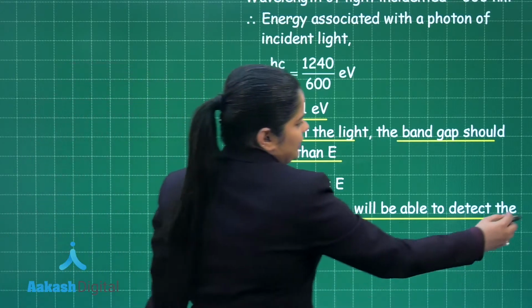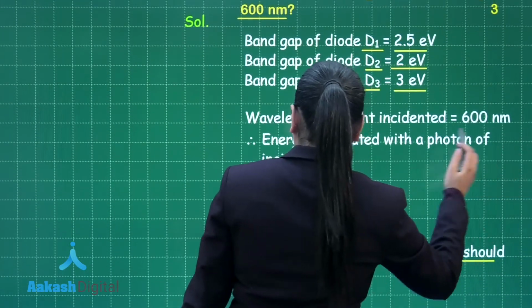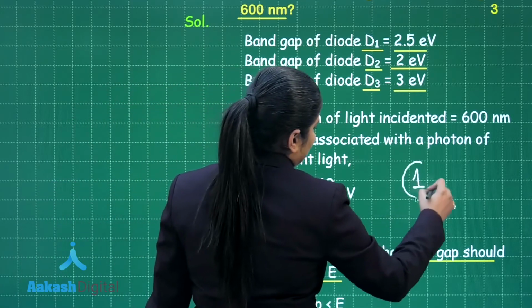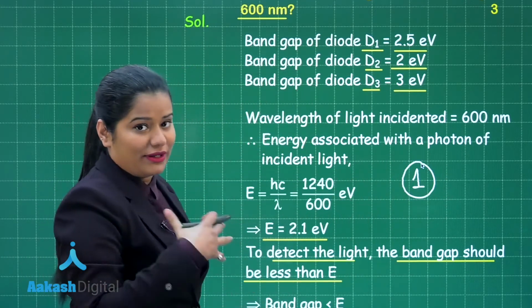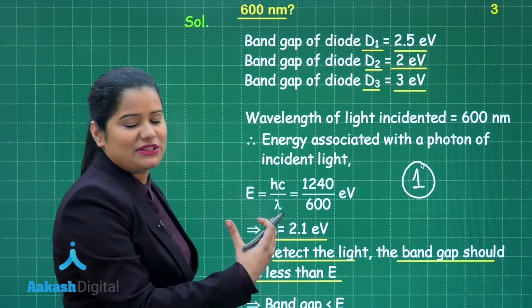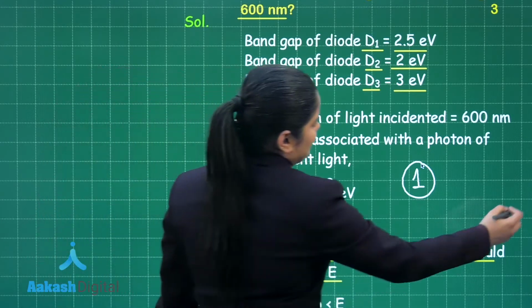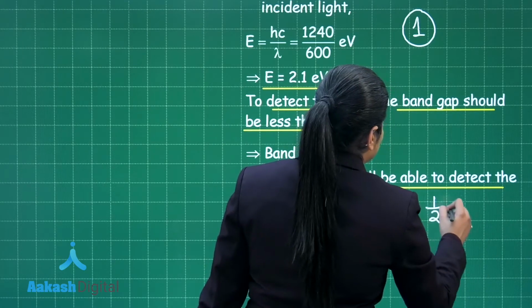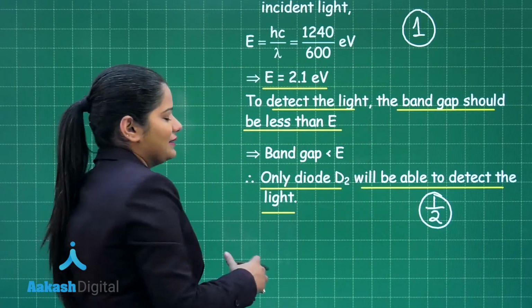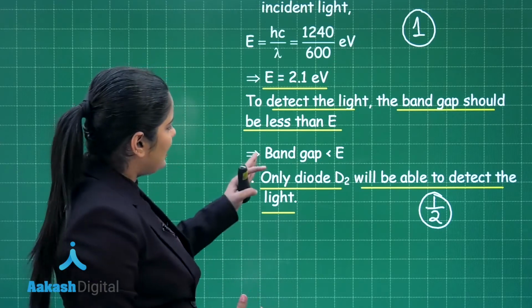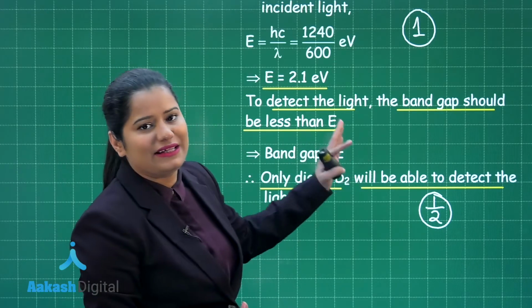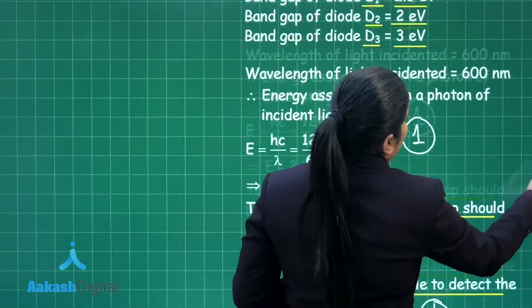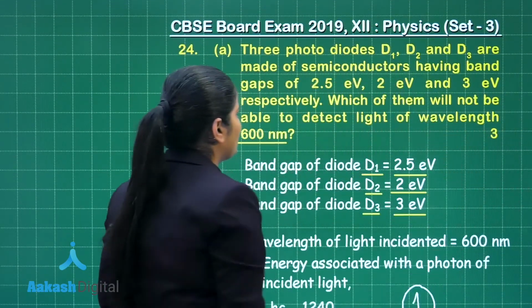When you solve this question in this manner, 1 mark you will get for solving it till here, that is for calculating the energy associated with the photon of the given wavelength, and half mark you will get when you explain that the light will be detected only if the band gap is less than the energy that you have calculated. So this is how you will be scoring 1.5 marks for this part of the question.